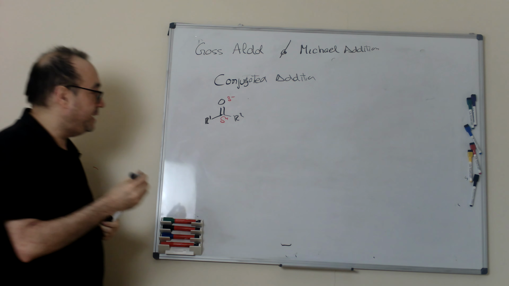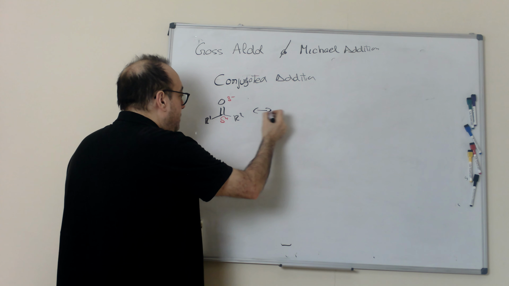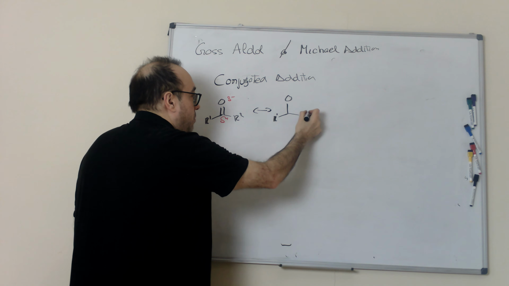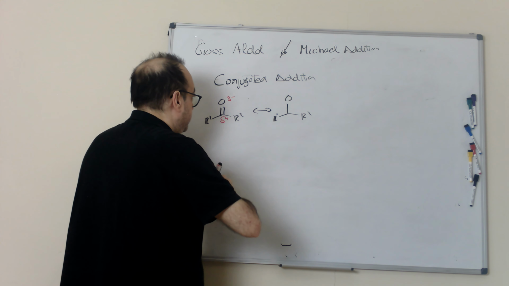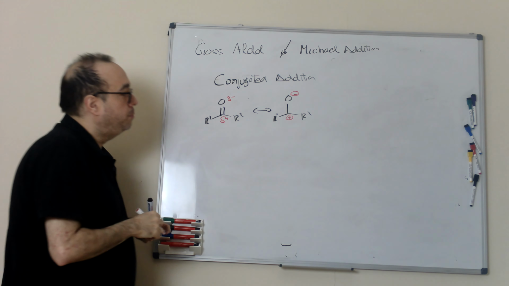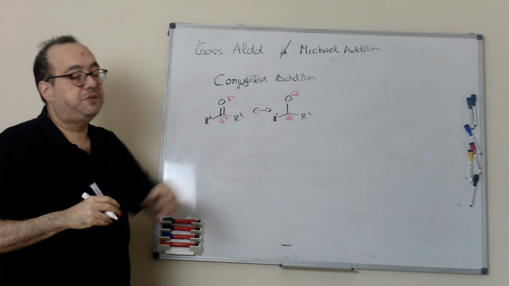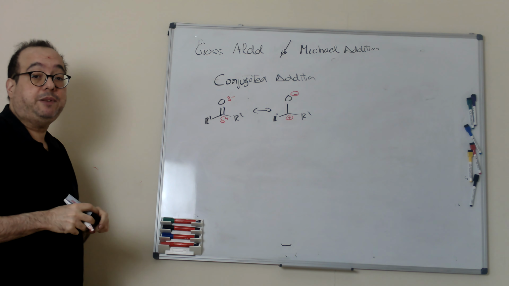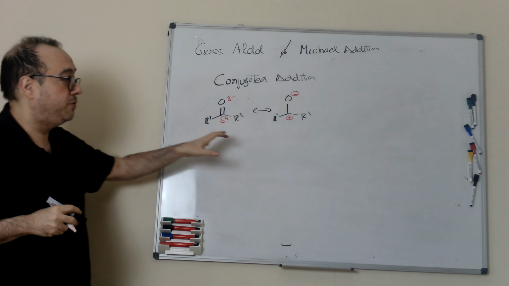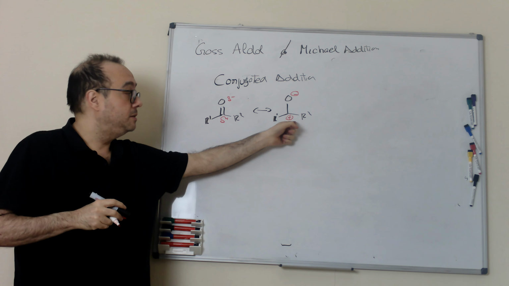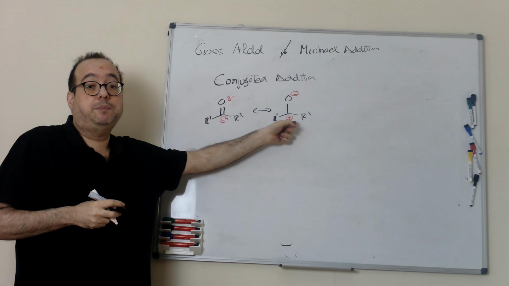And we can represent this by a resonance form, with a positive charge on the carbon and a negative charge on the oxygen. And this explains its reactivity. That means a nucleophile, a friend of positive charge, will attack the carbon because it's the one that has the positive charge.